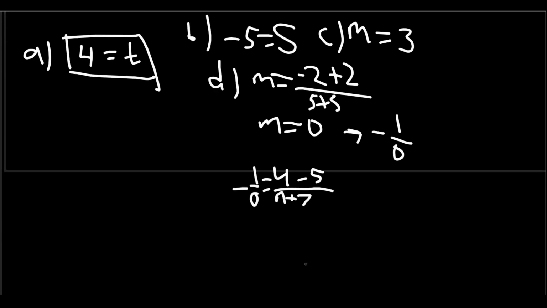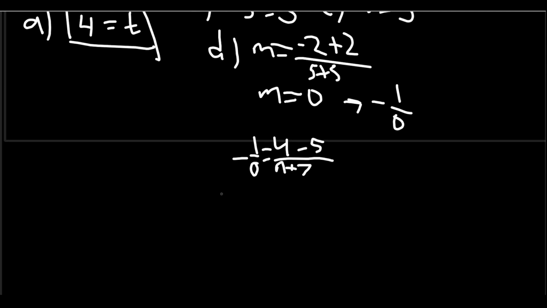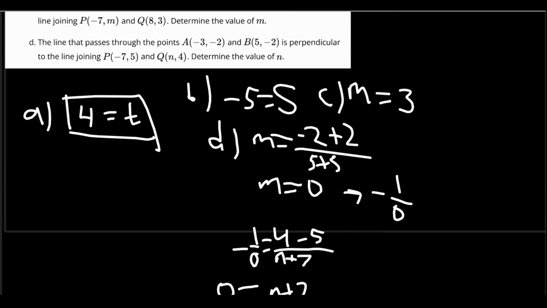And if we just ignore the numerator as we did before and focus on the denominator, that would leave us with 0 is equal to n plus 7. So if we subtract 7 on both sides, we get negative 7 is equal to n. And that is the answer.